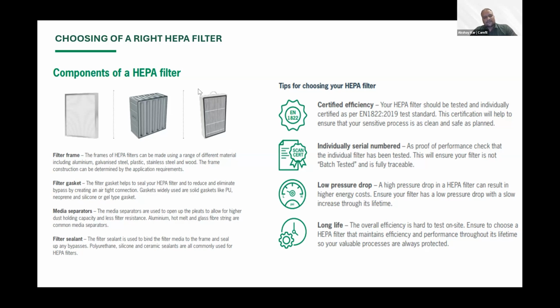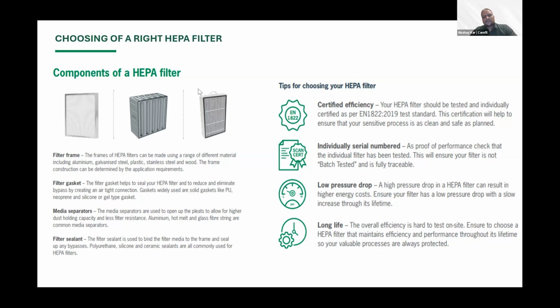Similarly, we have filter sealants, through which we seal the entire pack with the frame when we manufacture any filter. The most common sealants are polyurethane, silicone, and ceramic sealant. These three sealants are chosen based on the temperature range of the air being passed through the HEPA filter.